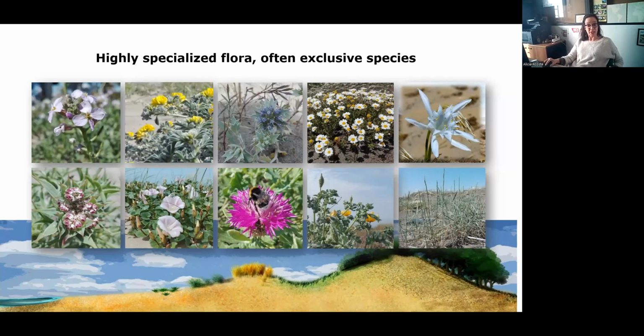So plant species are often very specialized and sometimes exclusive to coastal dunes. This means we can find them only here and not in other places. This is also a key point that contributes to make the biodiversity of coastal dunes very special and, we can say, unique.